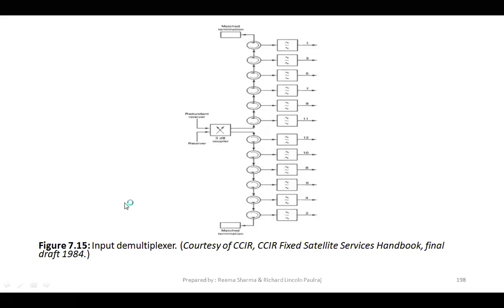Okay, so that we have separated the odd and even, just to make sure that we have frequency gain. So here, you can see that you have a 3 dB coupler, which is actually used in order to separate them. Then I have matched termination at the end. Fine. So this is one of the examples for your input demultiplexer, which is actually taken from a handbook, and it's a draft of 1984.